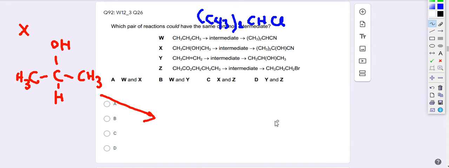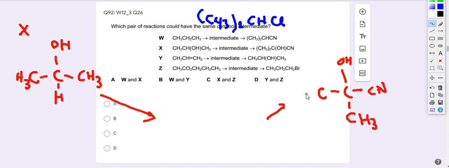Now the intermediate here, and eventually I want this to form a compound like this, hydroxynitrile. I can only remember that hydroxynitrile is a product from the reaction of carbonyl compounds. Carbonyl compounds will react with HCN in the presence of NaCN catalyst to form hydroxynitrile. So the intermediate must be a carbonyl compound.